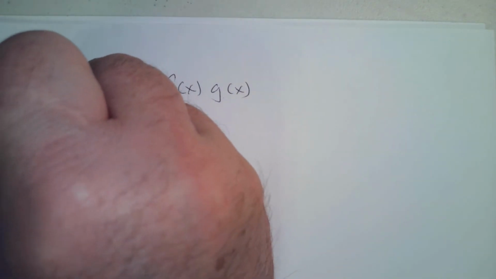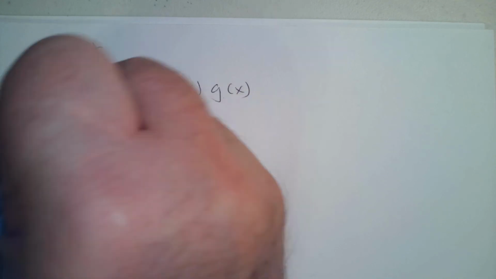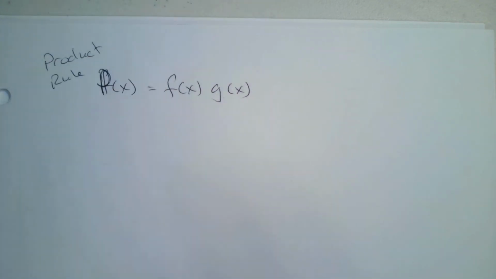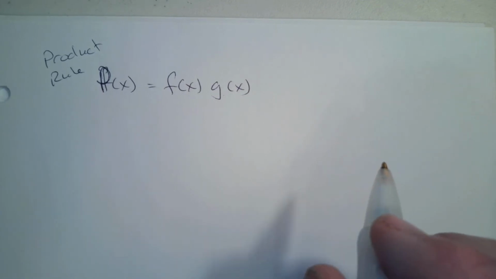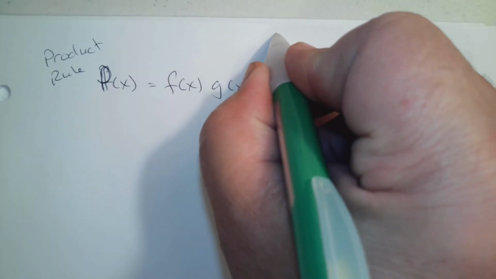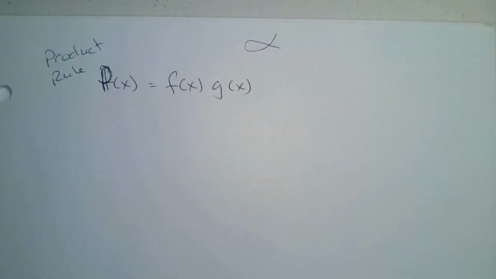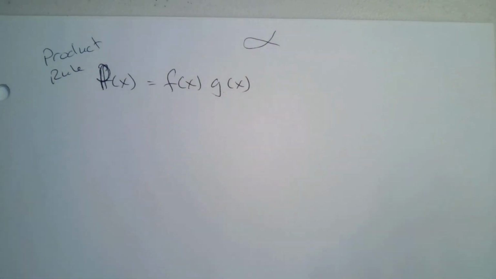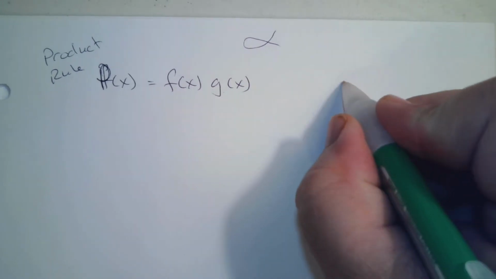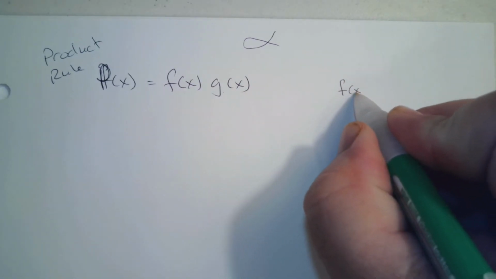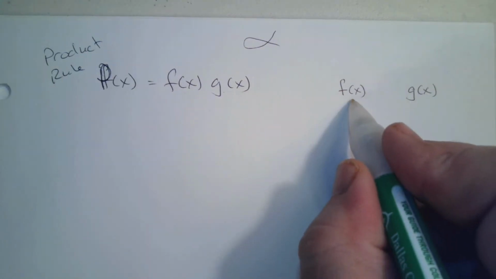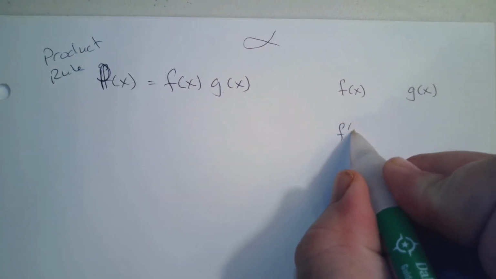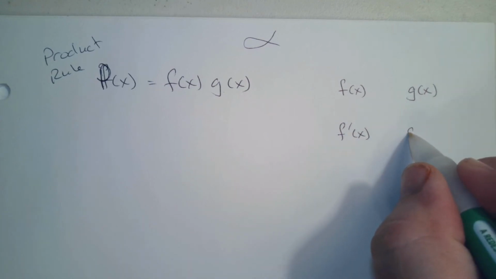This is called a product rule. The shortcut I'm going to show you is this. Remember this symbol there. We've seen it a lot of times in churches and stuff. It's a fishy symbol. So the way you do this, you put the f function there, the g function there, and below it, you put the derivatives of each one separately.